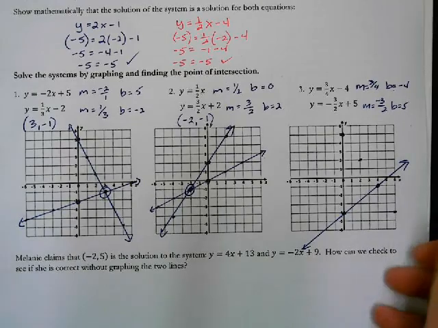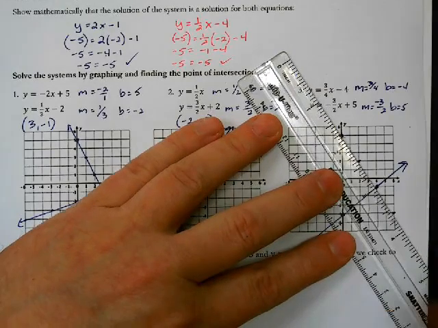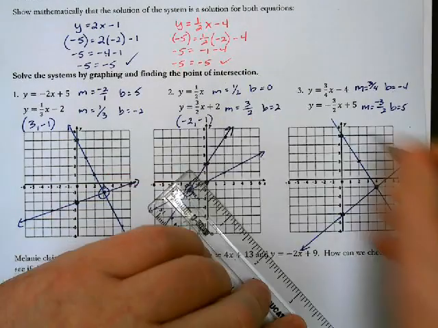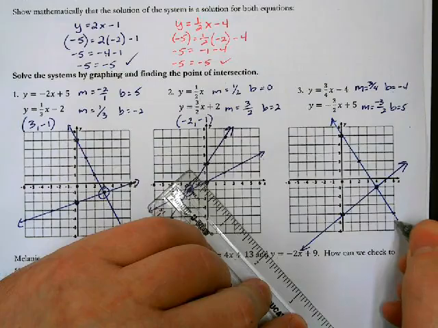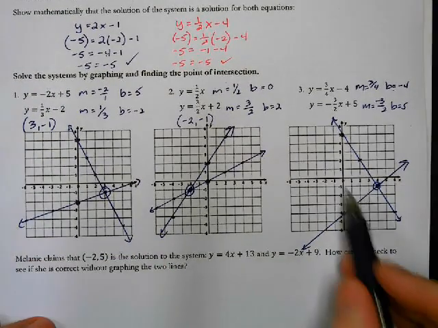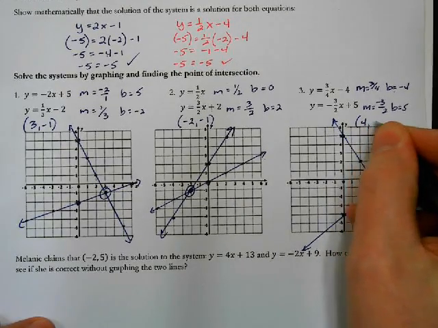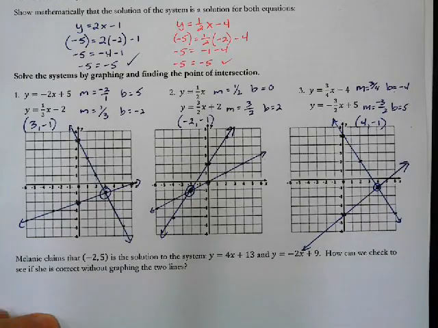All right, there's the second line. We can see that they do have an intersection point. The intersection point is at (4, -1), and that is our solution to the system because that's the one solution that they both share.